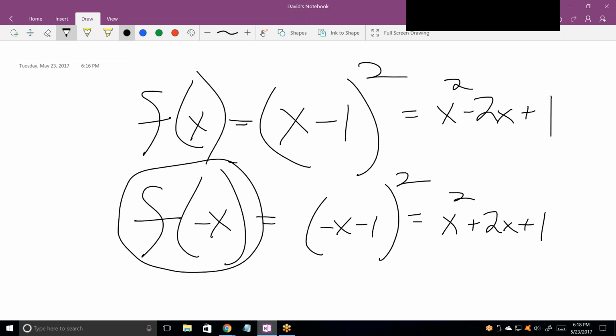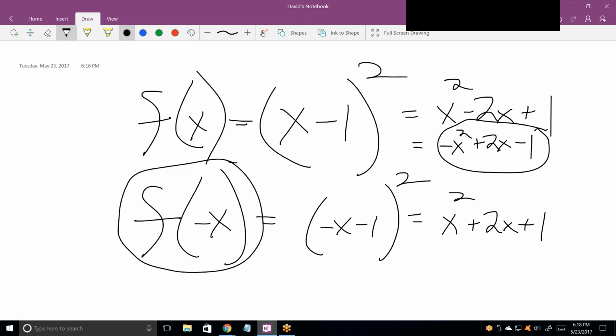So it's not even. Now, is it odd? Well, what would be minus f of x? That would be minus x squared plus 2x minus 1. Well, it's not that either.